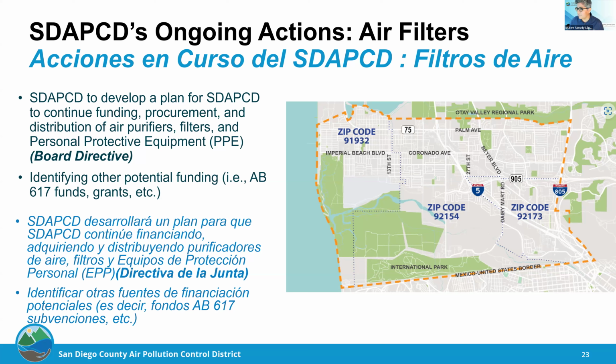So I'd love to hear from folks if there are any questions about the air filters program currently at the county, the pilot program, but also if there's any feedback on how APCD takes on that active role of distributing future filters in the near term, any requests or advice or general feedback on how we should potentially roll out that program.